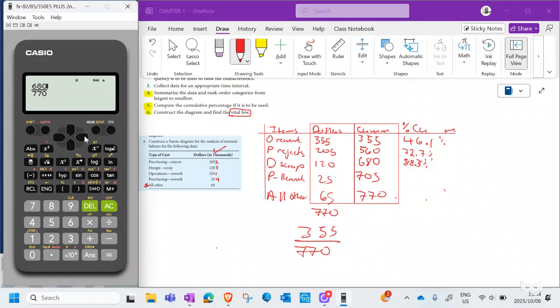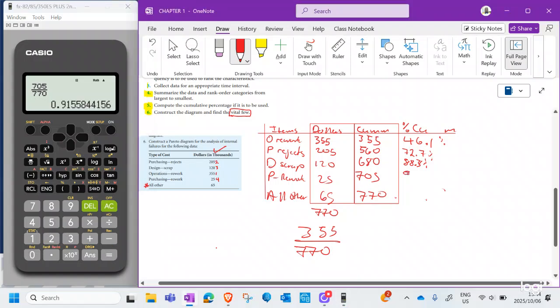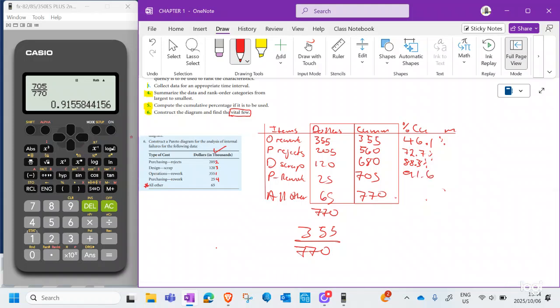Then 705 goes to 91.6%. Then it goes to 100%, of course.